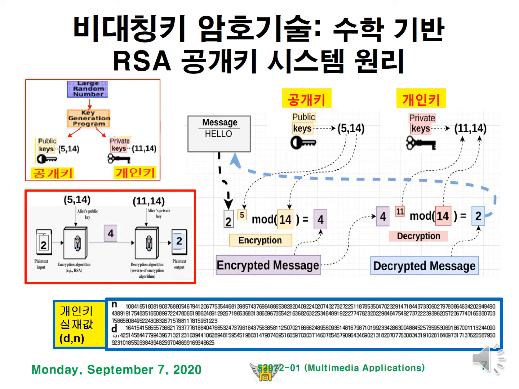Each key consists of two integers, very big integers. This example shows the public key consists of 5 and 14, and the private key 11, 14.